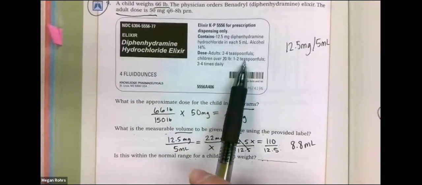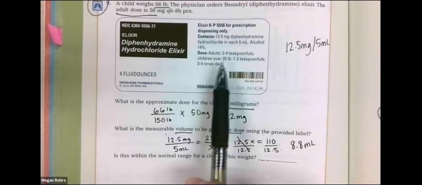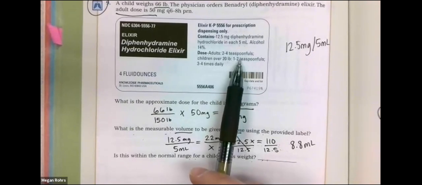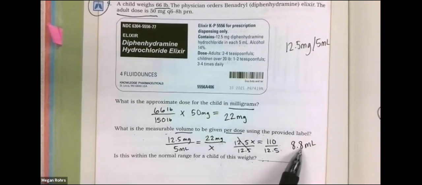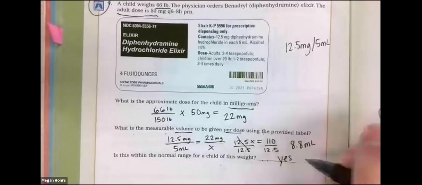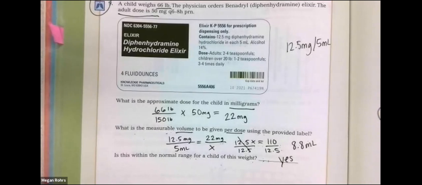So they need to take 1 to 2 teaspoonfuls 3 to 4 times a day. Well, I know that 1 teaspoon is 5 mils, 2 teaspoons is 10 mils. So yes, that 8.8 does fall within that range. So is this within the normal range? Yes, it is, because that is between 5 and 10 milliliters there.